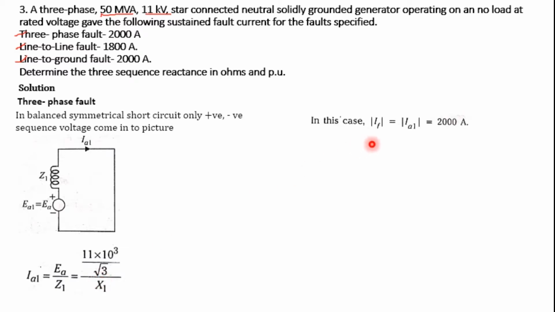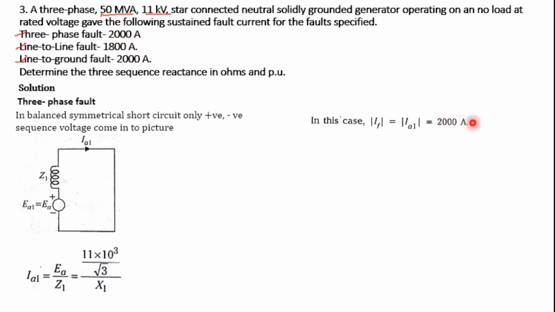In the case of the three-phase fault, IF is equal to IA1; we already derived that. It is given that the three-phase fault value is 2000.